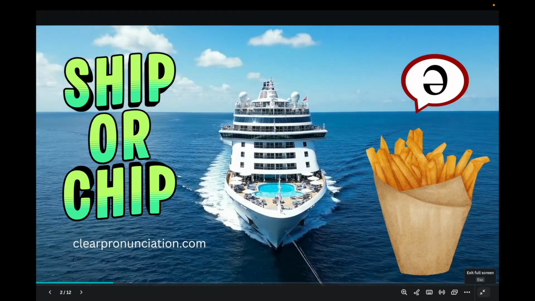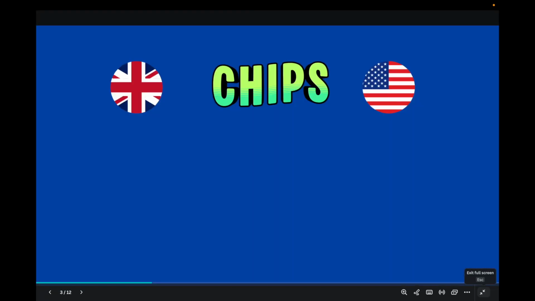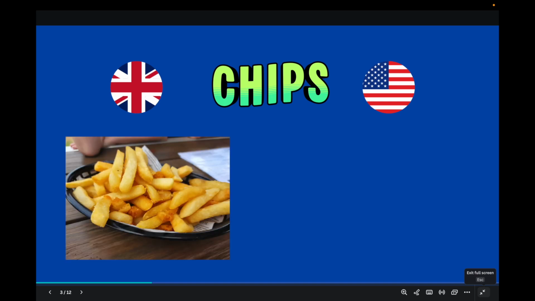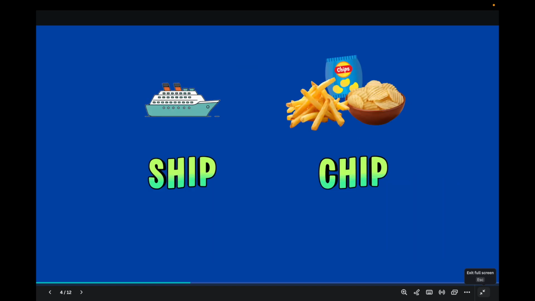Ship or chip? Just a quick reminder that in the UK, chips are these, and in the USA, chips are these. So what is the difference between ship and chip? Looking at the symbols, we see here ship, chip.